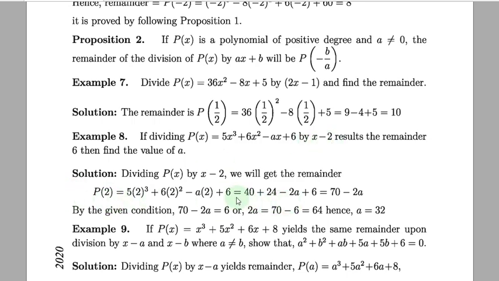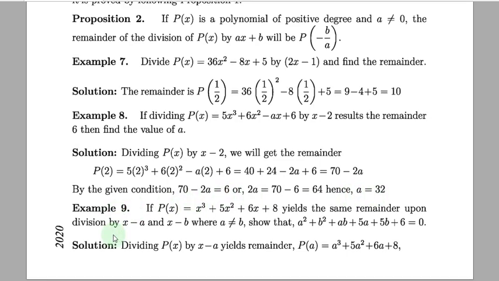So p(2) is 70 minus 2a, and with the given condition the remainder will be 6. So 70 minus 2a is equal to 6 according to the question. If you solve this, we get a equal to 32.